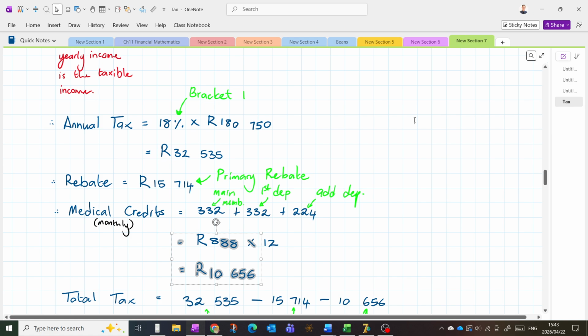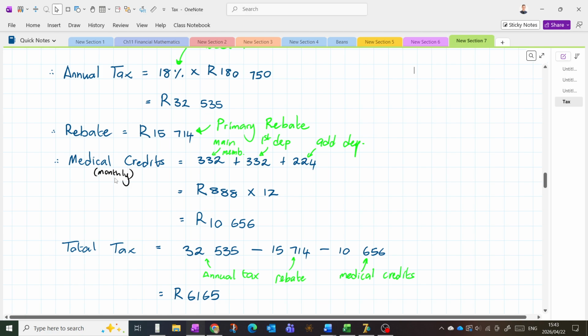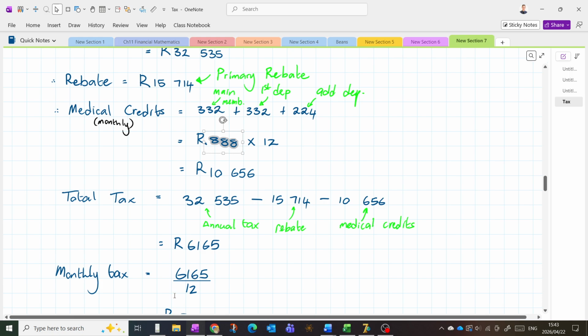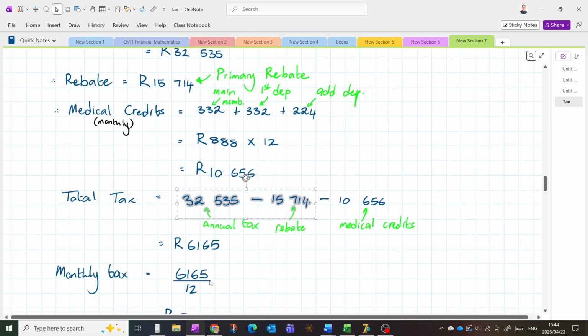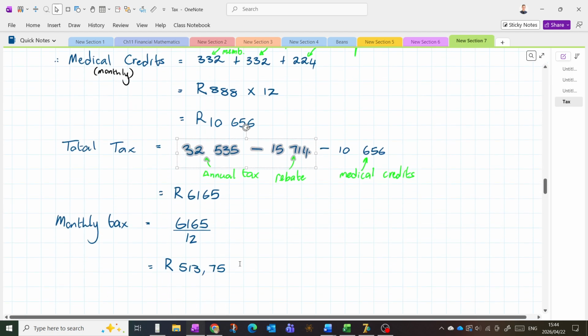You could also have not done the yearly medical aid, and you could have actually just subtracted the 888 after dividing by 12 here. So if I had taken just these two values, subtracted them from each other, divided by 12, and then subtracted the 888, I should get to the same answer.